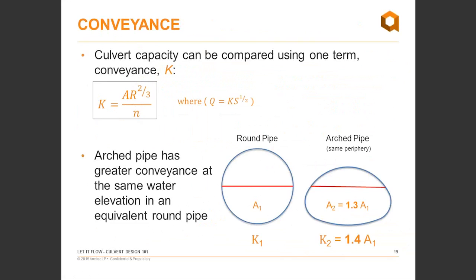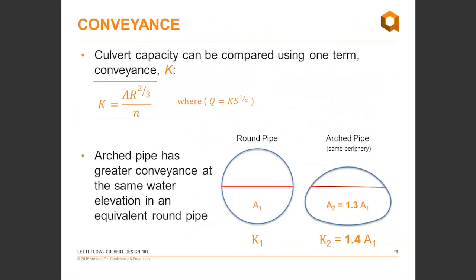But let's say that the water elevation is the same in both pipes. Because of the squished down shape of the arched pipe, we have a wider waterway area. This cross-sectional area here is bigger. It's a bit bigger when flowing partially full. And we know the larger the area, the larger the flow rate.